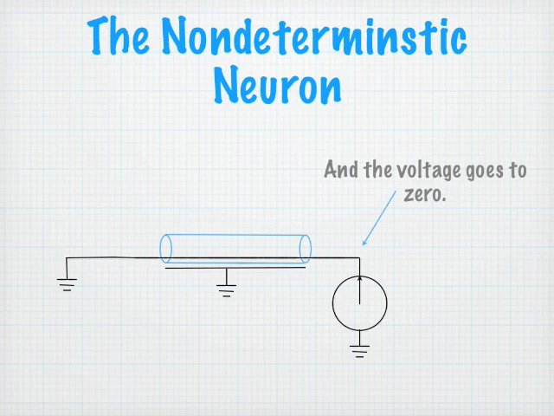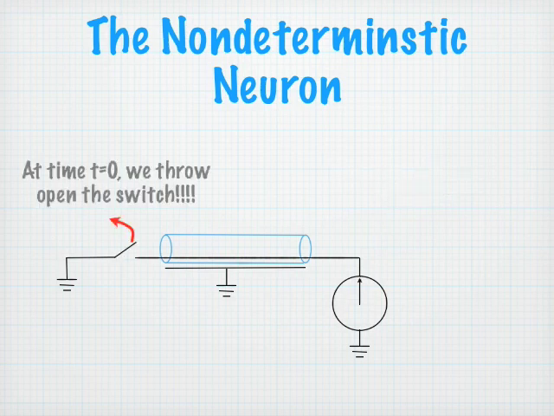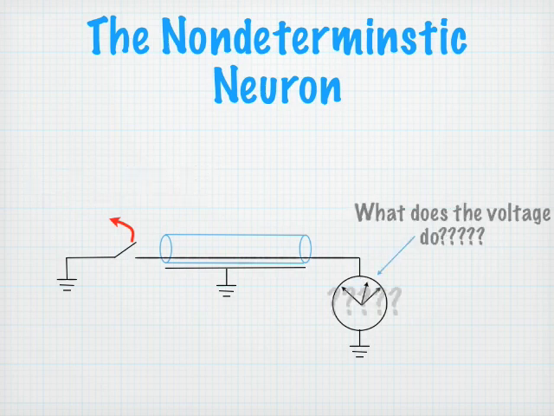And then at time t equals 0, we throw open the switch. And the question is, what does the voltage do after we've thrown open the switch? Now, since we're no longer grounding the inside of it, the neuron is free to assume any voltage that it likes here. But what exactly is the behavior of this neuron as described by the equation?